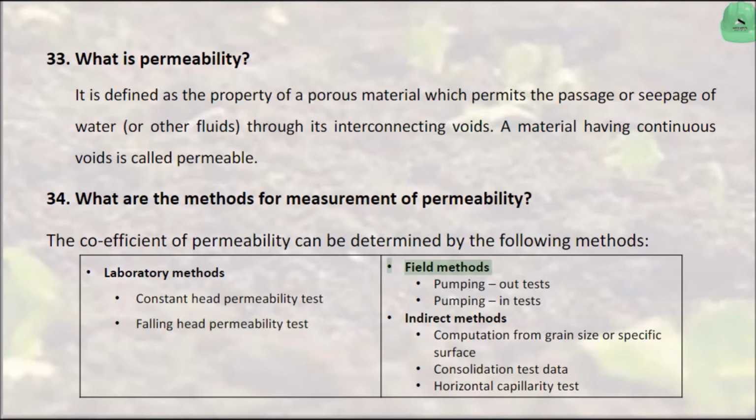Field methods: pumping out tests, pumping in tests. Indirect methods: computation from grain size or specific surface, consolidation test data.